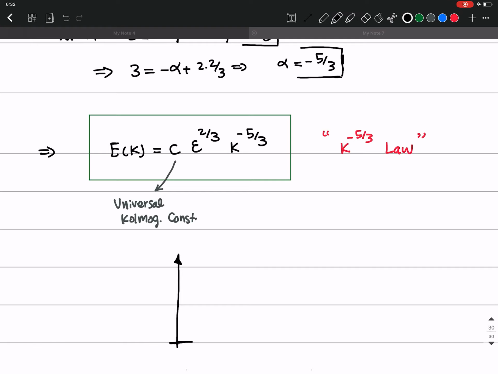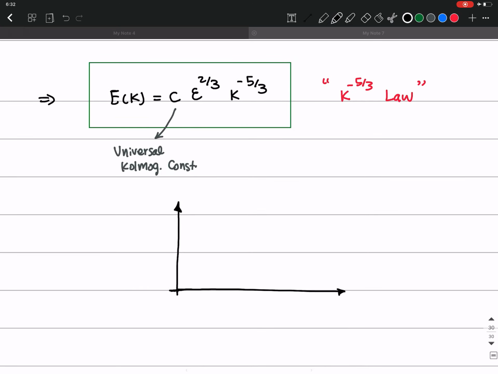One of the things that you can do is plot the energy spectrum. For example, you can plot Ek over epsilon to the 2/3, or there are other ways to plot this, but this is a simple one. And then here you can have a non-dimensional quantity like k times the Kolmogorov microscale.